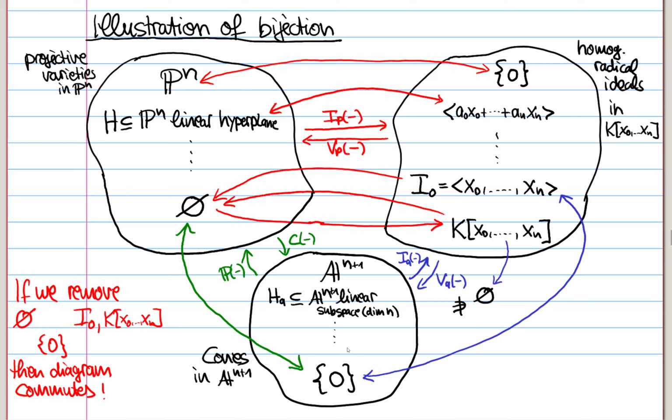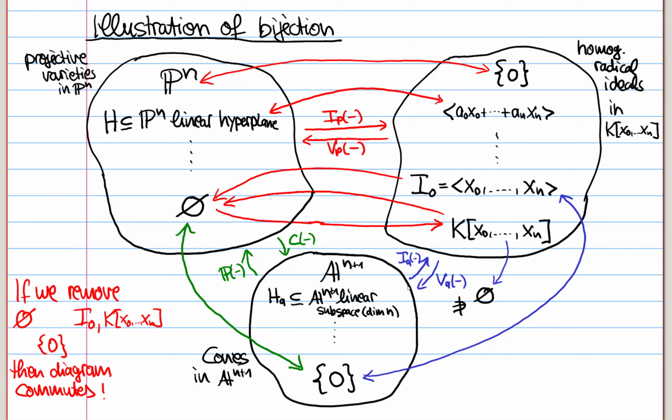And by our definition, the empty set is not actually a cone because we always require 0 to be in here. So this doesn't really map to this part. And the correct thing corresponding to the minimal element 0 here is the irrelevant ideal. And so the fact that these diagrams don't quite commute was the reason why we always had to make a little bit of case distinction.